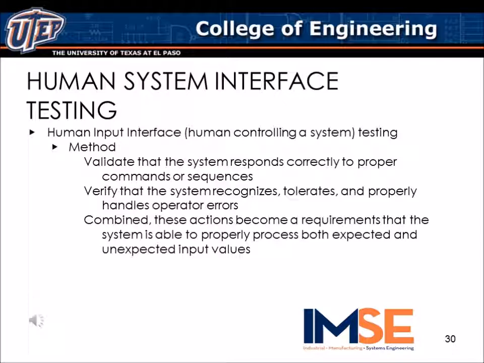Next, one must verify that the system recognizes, tolerates, and properly handles operator errors. Finally, we combine these actions into the requirement that the system is able to properly process both expected and unexpected input values.